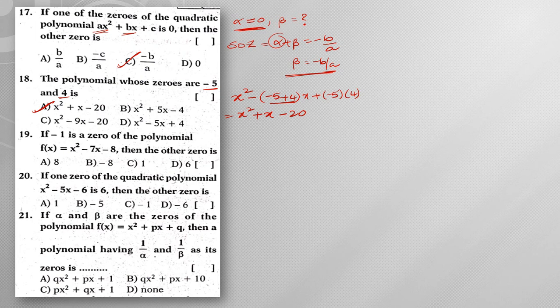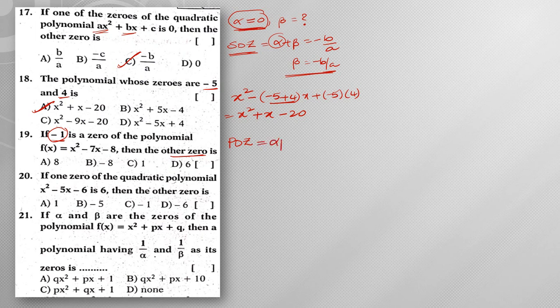Next, if minus 1 is the zero of the polynomial, then the other zero is. Since earlier one of the zeros was 0, that's why we used the concept of sum of zeros. If, other than 0, one zero is minus 1, then we can make use of product of zeros, and you will get the answer in an easier way.